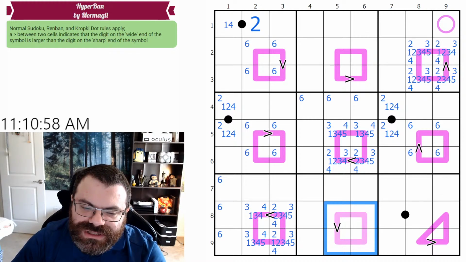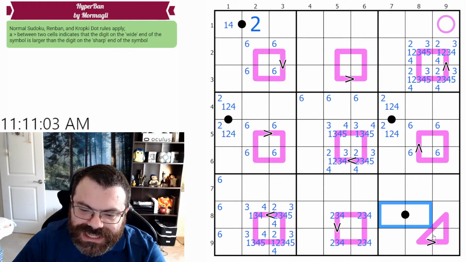Right. This one can't have 2, 3, and 4 on it because that removes 2, 3, and 4 from this black dot. So it can't be 1, 2, 2, 4, 3, 6, or 4, 8.